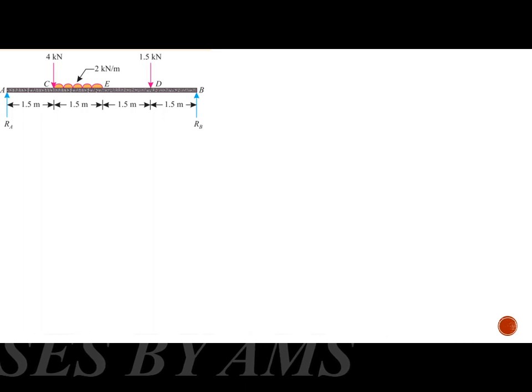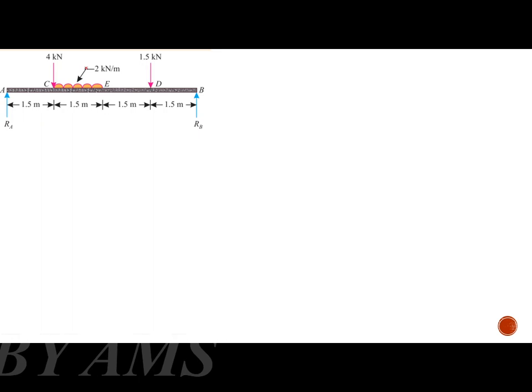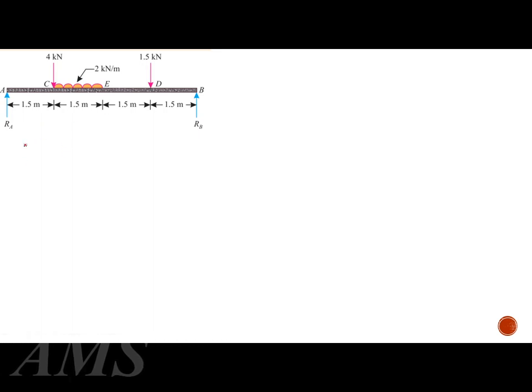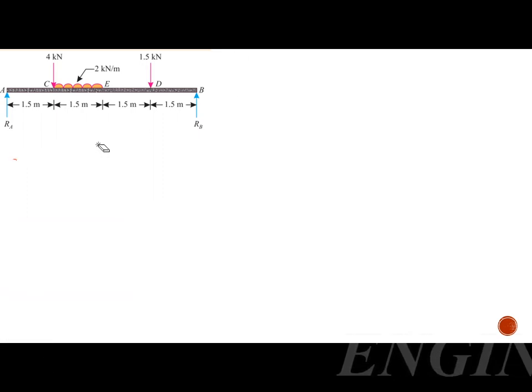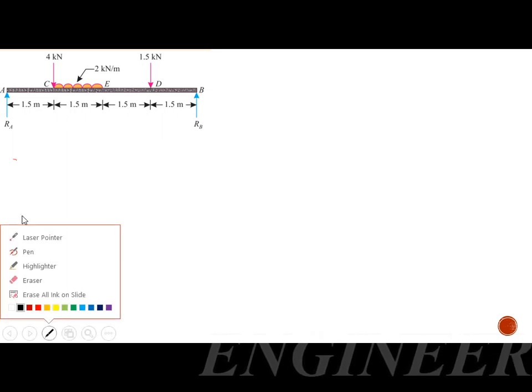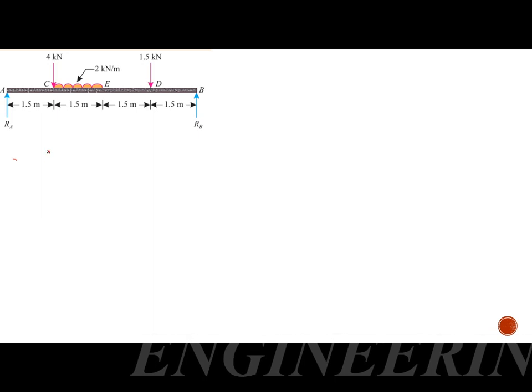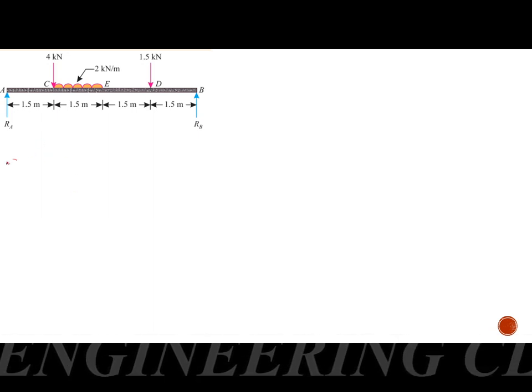So in this question we got a uniformly distributed load. First of all, I will be replacing this uniformly distributed load with a point load. So I will be drawing the figure once again.